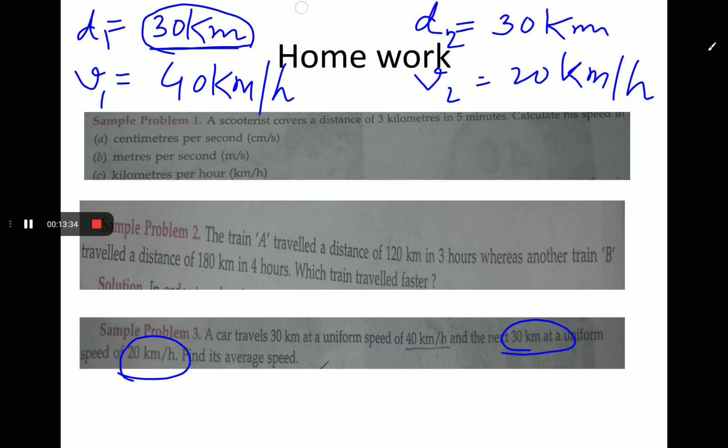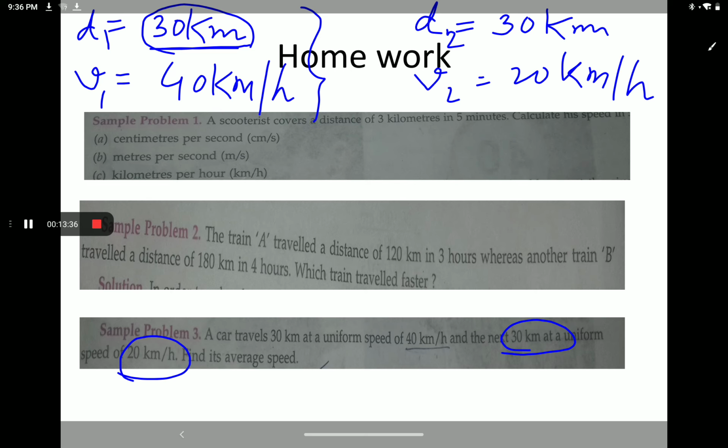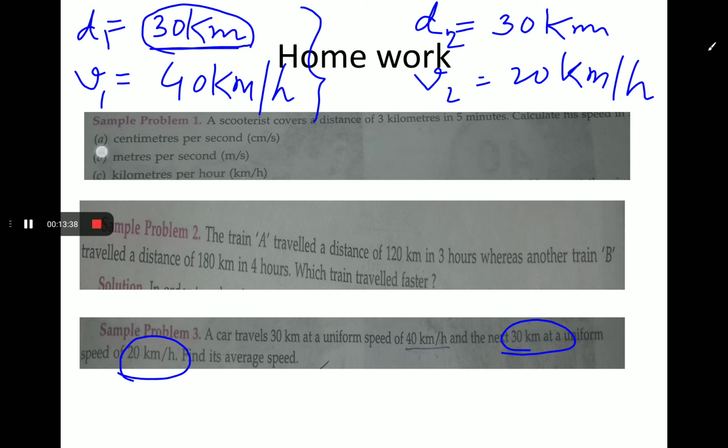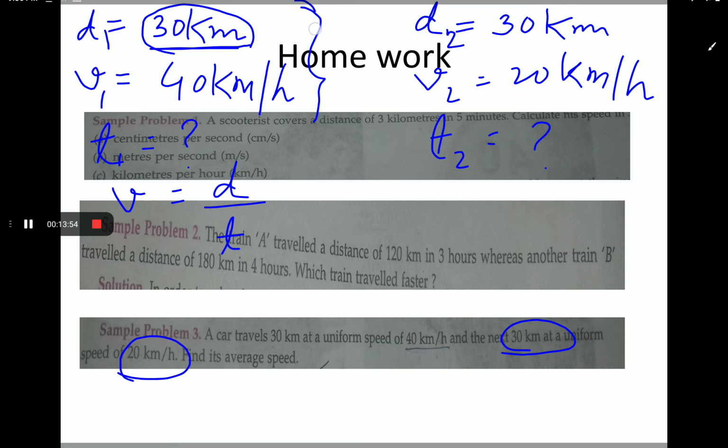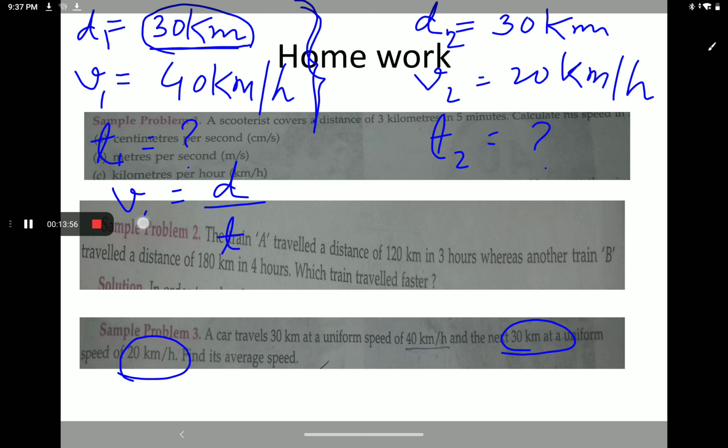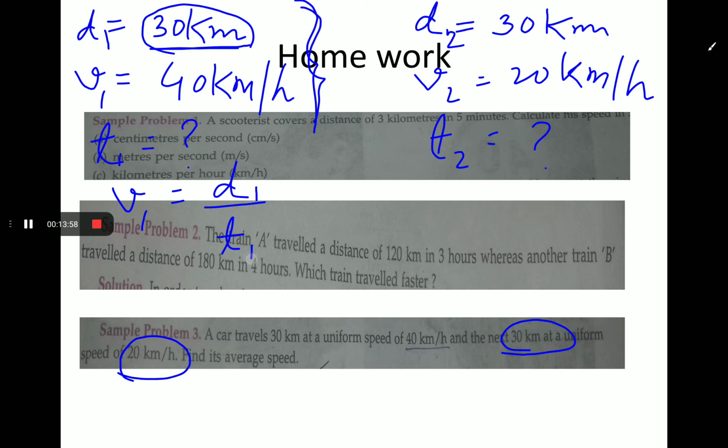So by using these 2 quantities, firstly we have to calculate the time. For this case that is T1 and for this case that is T2. So students, we know that speed is equal to distance by time. This is the general case. But for this particular case, I can write V1 is equal to D1 by T1.